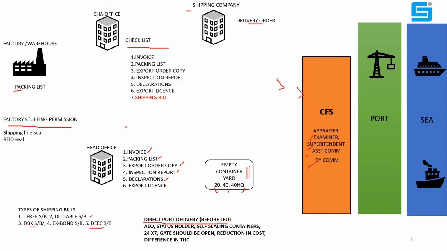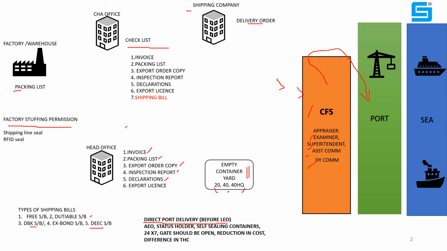Previously what we have seen is that it comes to the CFS, customs formalities are completed, and then the container moves from CFS to the port, right? Once LEO is given by the customs officer, the container moves to the port.